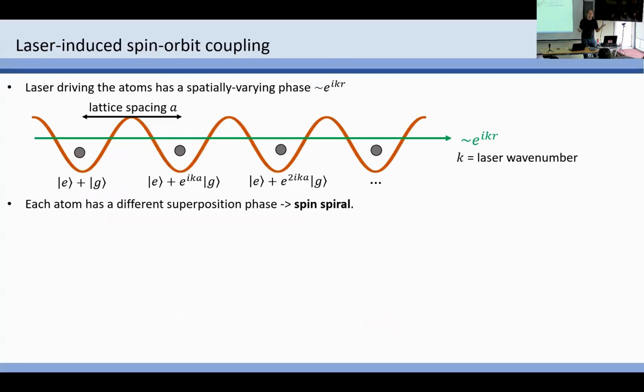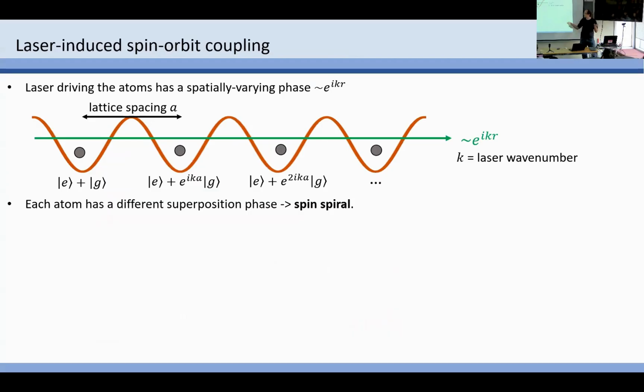Now, the thing is, if I have this one-dimensional, 2D or 3D lattice, but let's now just look at one dimension, the laser that I use to prepare the superposition has a spatially varying phase, just a traveling wave with an electromagnetic phase e^{ikr}, where k is the wave number of the laser.